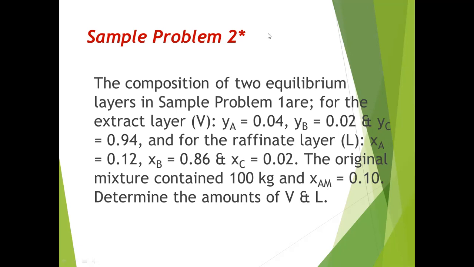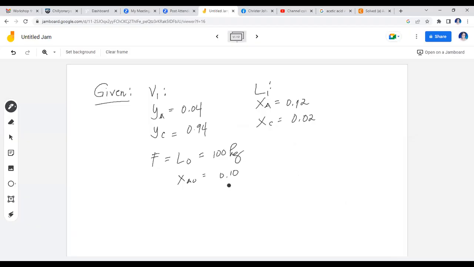Okay, so we'll go back to our Jamboard. Your XA0 is equal to 0.10. This is also equal to your XAM. Why? Because we have only a single phase that was processed, mixed, and then allowed to come to equilibrium, and then the two product phases separated after they have already formed the two immiscible layers, the extract, the V1, and the raffinate layer.